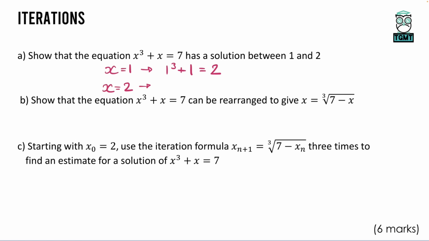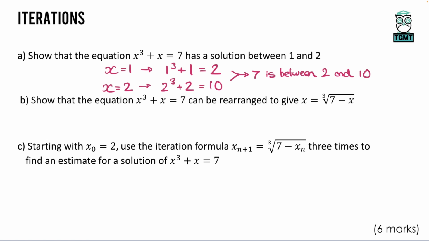When we substitute x equals 2 in, we get 2 cubed plus 2, which is 8 plus 2, which is equal to 10. So based on these two values, we can say 7 is between 2 and 10. So therefore, there must be a solution between x equals 1 and x equals 2.